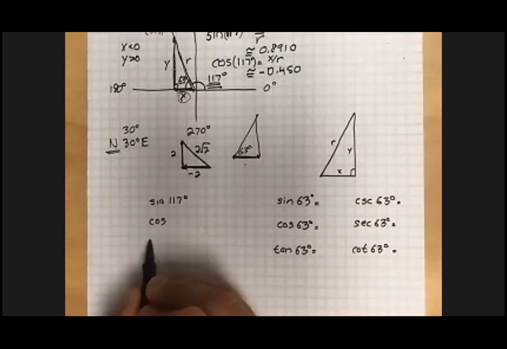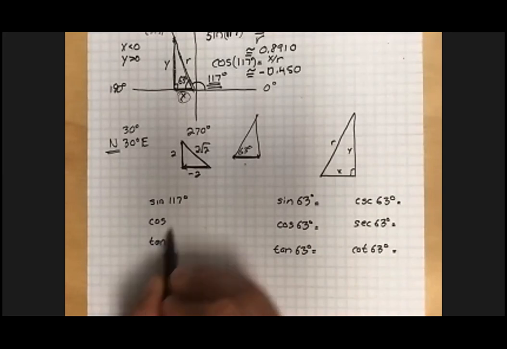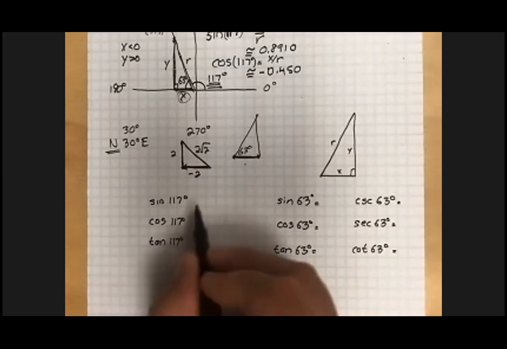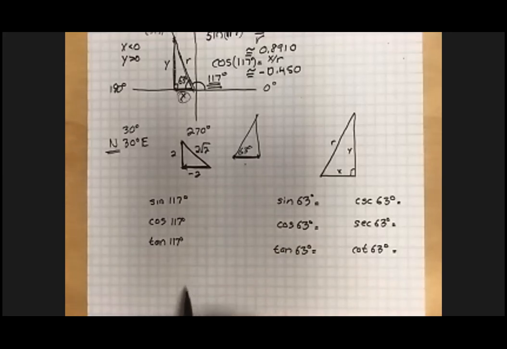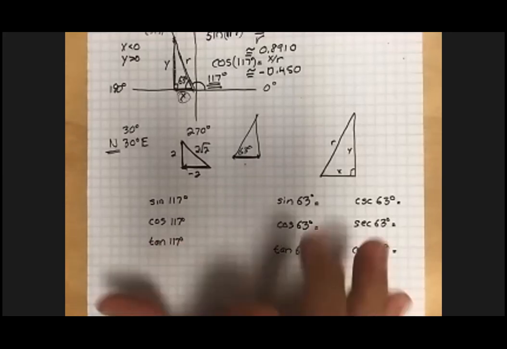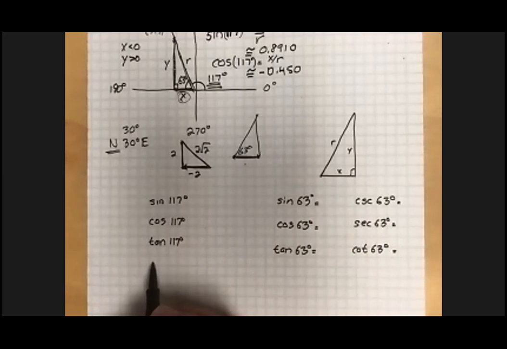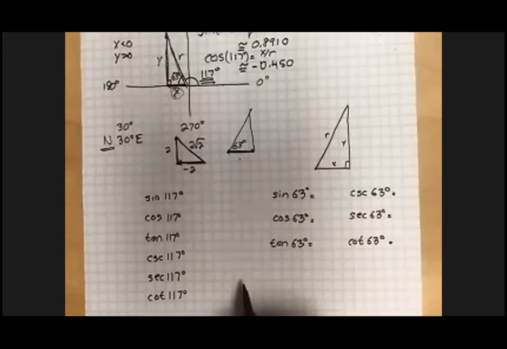But if I do sine, cosine, tangent of 117 degrees, I apologize, I put this too close together, so I'm going to go down. Cosecant, 117 degrees. Secant, 117 degrees. Cotangent, 117 degrees.